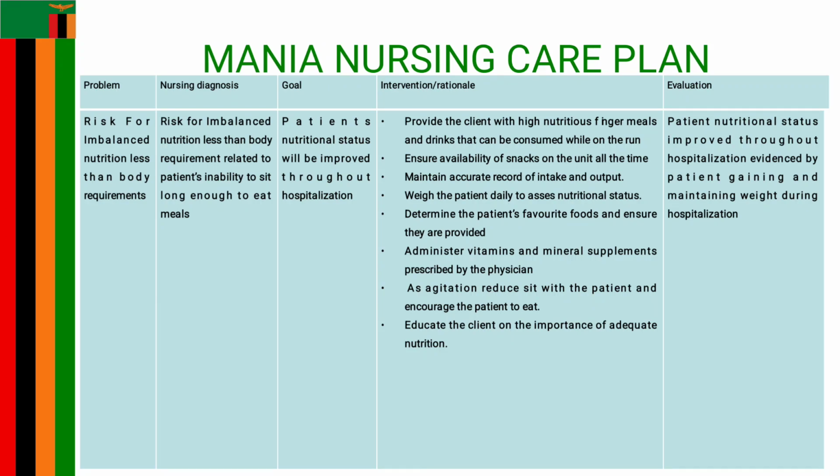You can also talk about serving meals in the presence of the patient to prevent suspicion, because patients who are manic become suspicious of anything because of the hallucinations or delusions that they are having. Then of course, you can talk about giving the patient their favorite foods or meals to promote eating.